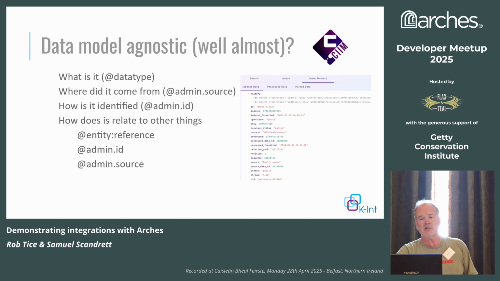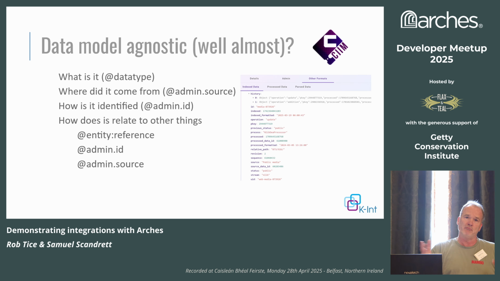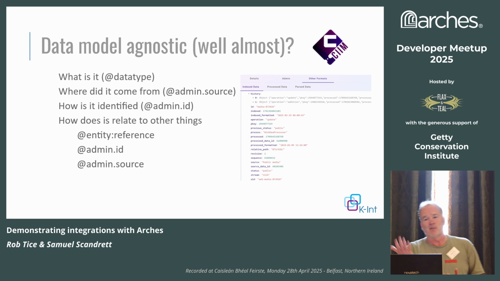It's data model agnostic, which means that it doesn't try to represent a slimmed down or reduced version. It tries to represent the full richness of the Archers data for sharing. So this was just an example. The only thing it needs to know about the data is what it is, where it came from, and how you identify it.